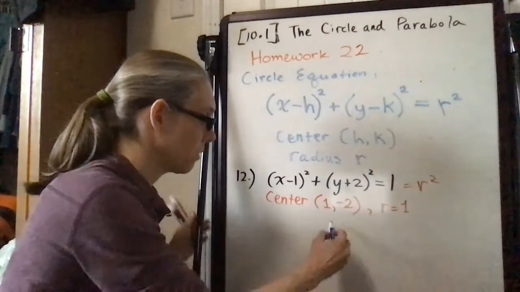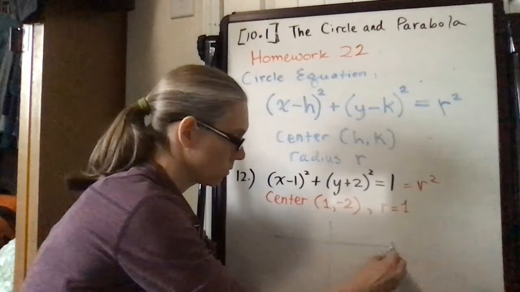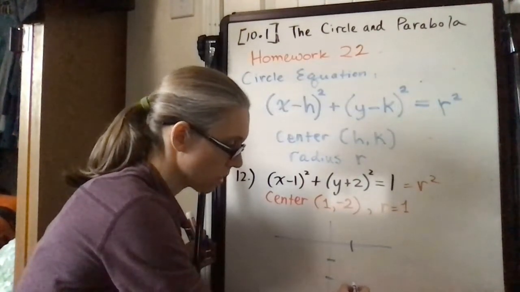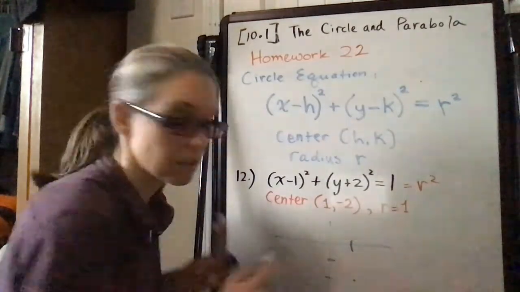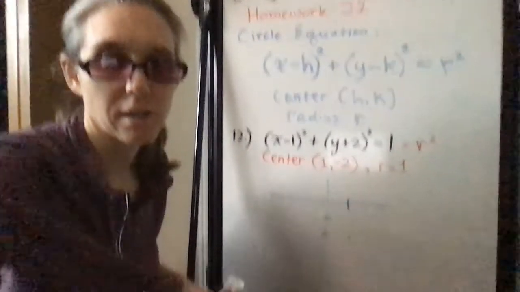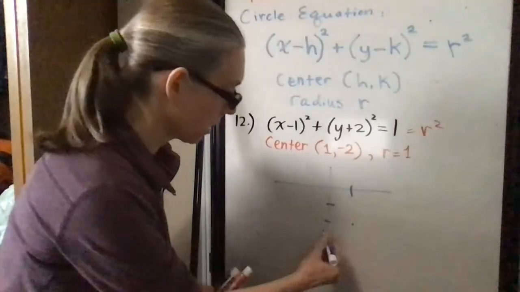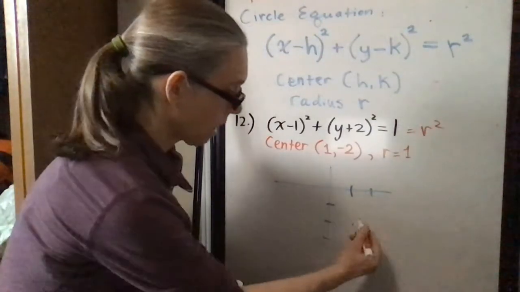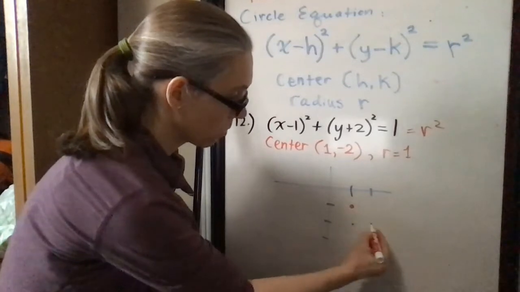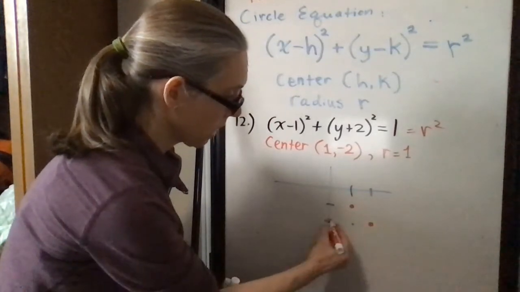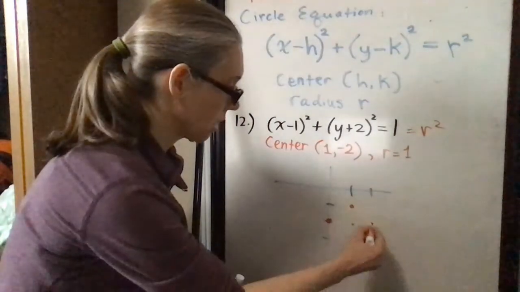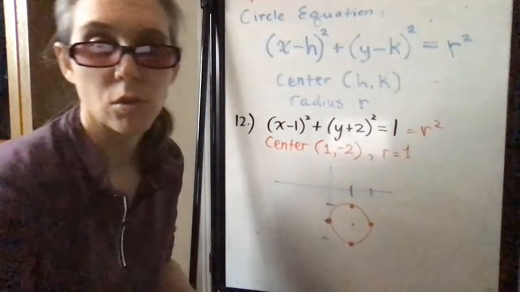But if you graph it by hand, you go to (1, negative 2), you don't put a dot here, except maybe just a little dot to tell you where you're at. And then from (1, negative 2), you go 1 up, 1 to the right, 1 to the left, and 1 down. And those 4 dots, when you connect the dots, give you your circle.